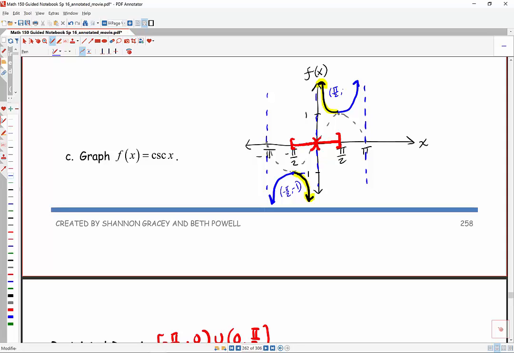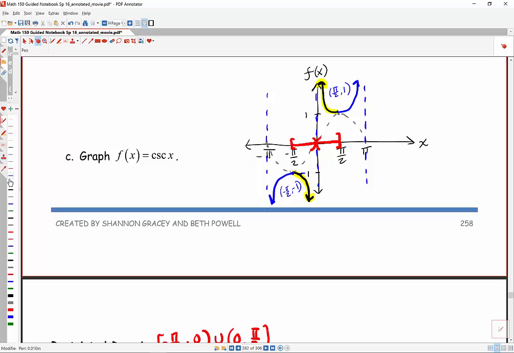As you approach the vertical asymptote from the positive side, from the right side, you go up to positive infinity. As you approach the vertical asymptote from the left side, the negative side, you approach negative infinity.